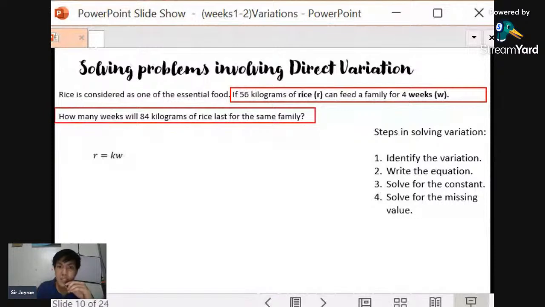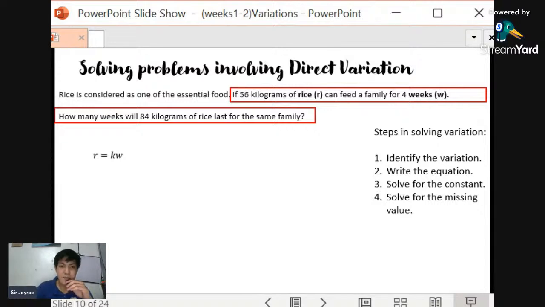Kasi dito walang binanggit na R varies directly as W. Paano nyo nalaman na direct variation ang given? Wala naman sinabi sa problem na the kilograms of rice varies directly as the number of weeks. Paano nyo nalaman na ito ay direct variation?